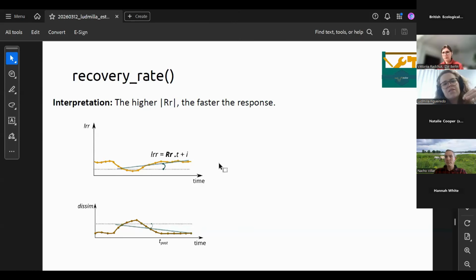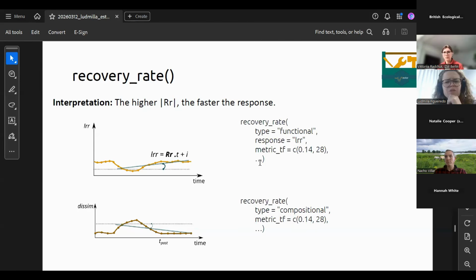But you can think that for both cases, the higher the absolute value that the function calculates, the faster the response. And here we don't have any special arguments. You just define the type, the response, arguments, and the metric, and the slope will be calculated all the same.